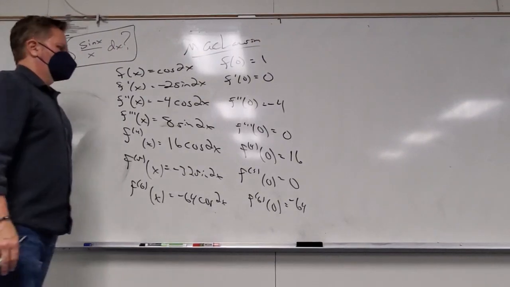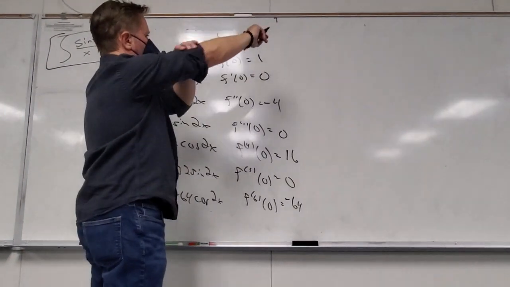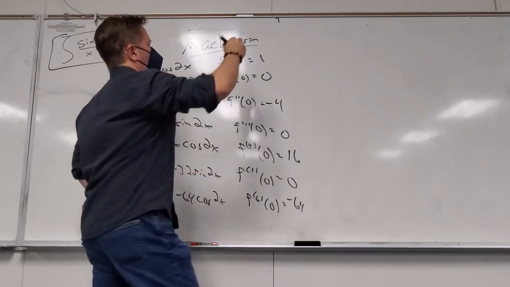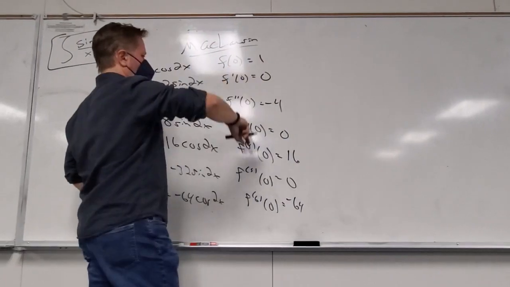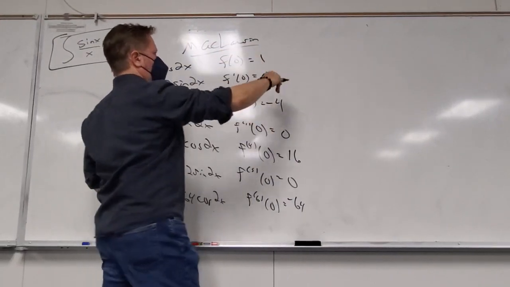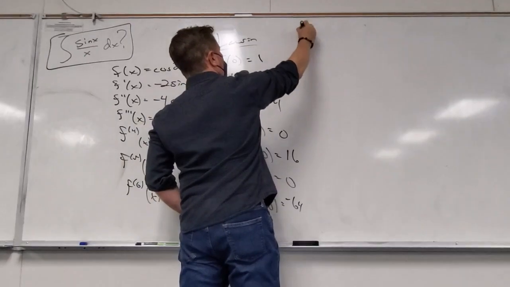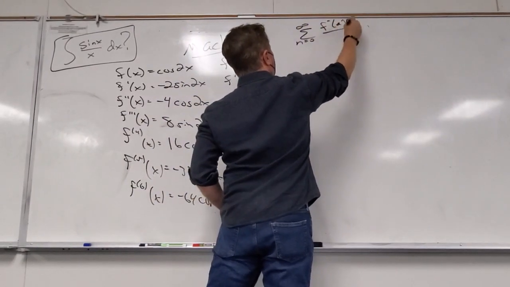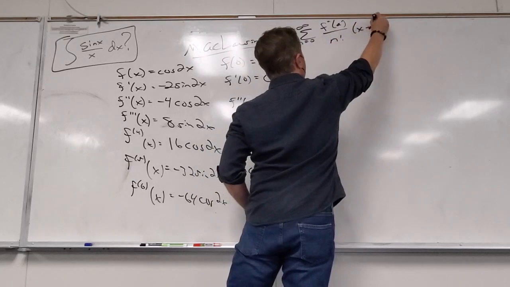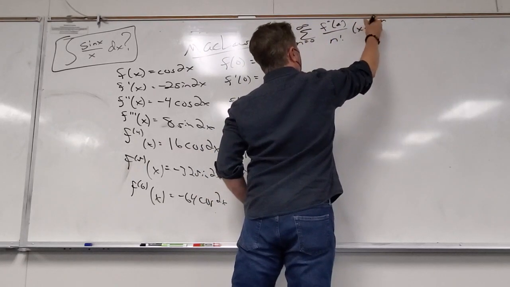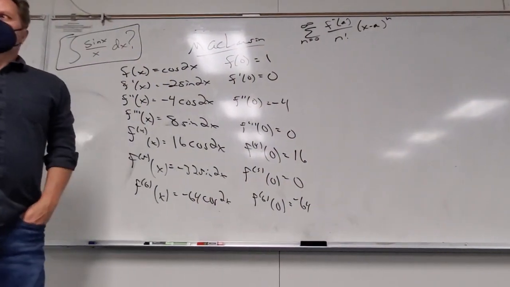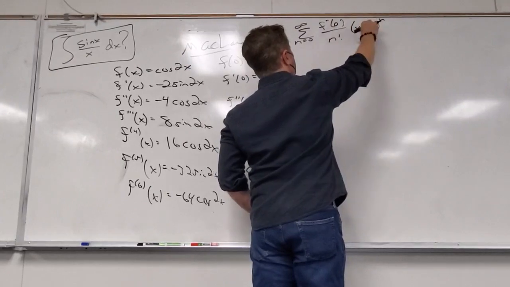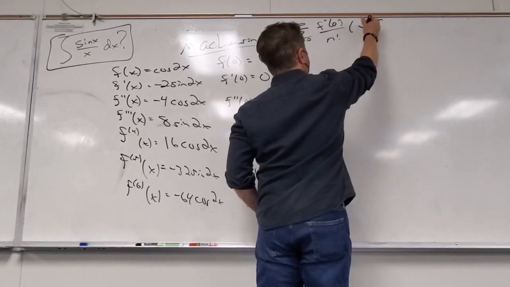Okay. Let's write a few terms down. So I've got my general form. And I might as well just go ahead and write 0 in here, so this is just x to the n.